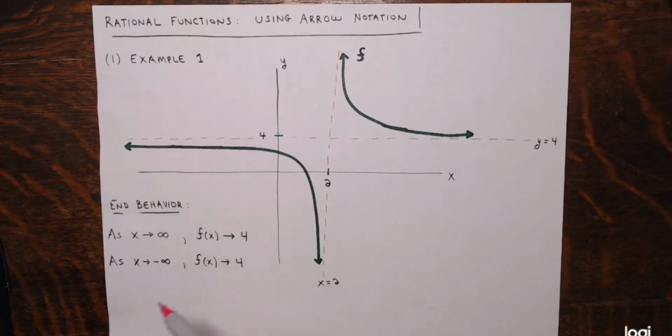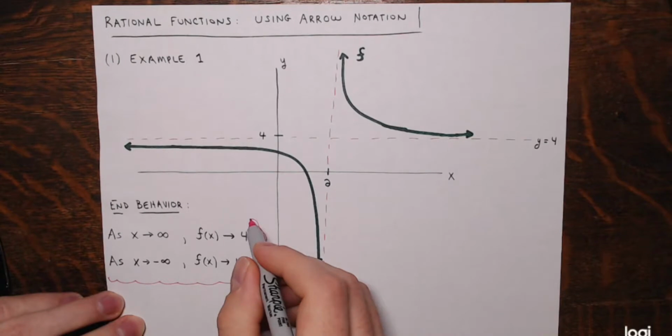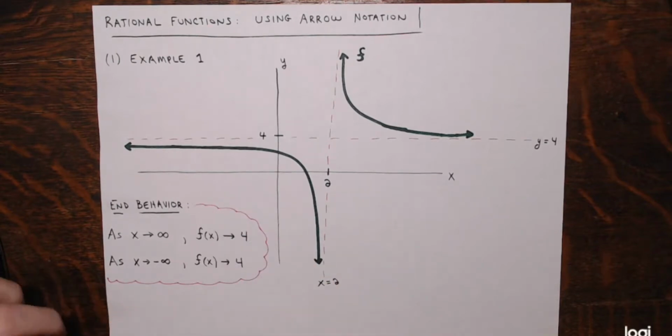What I've just described here is the definition of a horizontal asymptote.